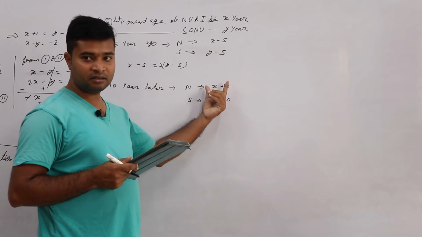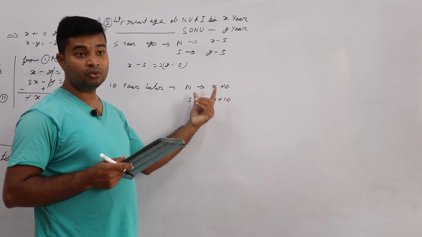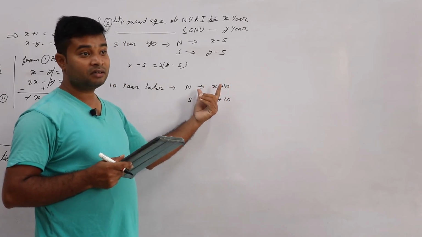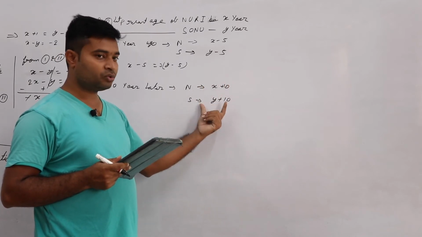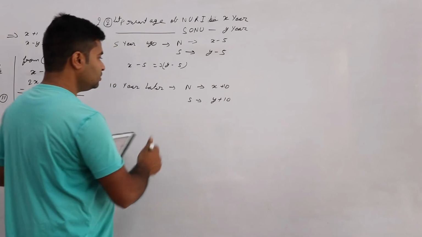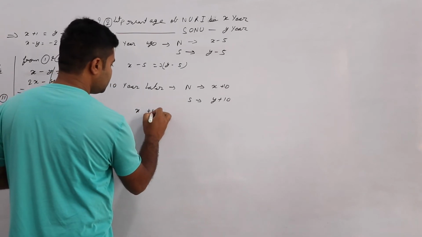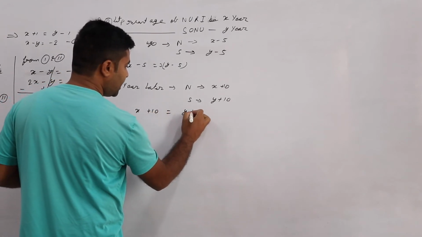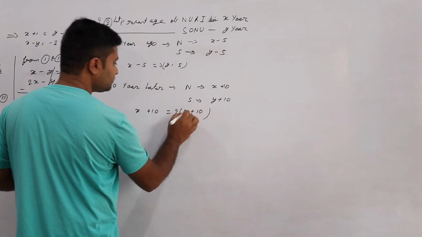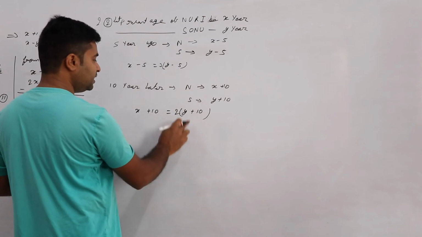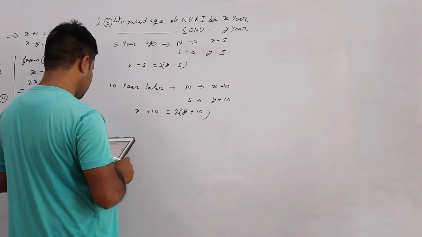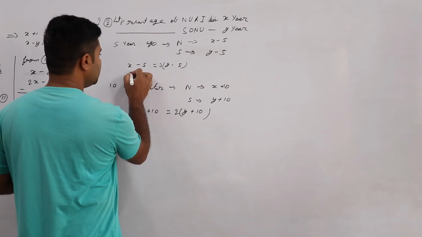S or N? N. Noori is twice, so the Sonu age will be multiplied by 2. So x plus 10 is equal to y plus 10 into 2. Yes or no? So we get two equations.